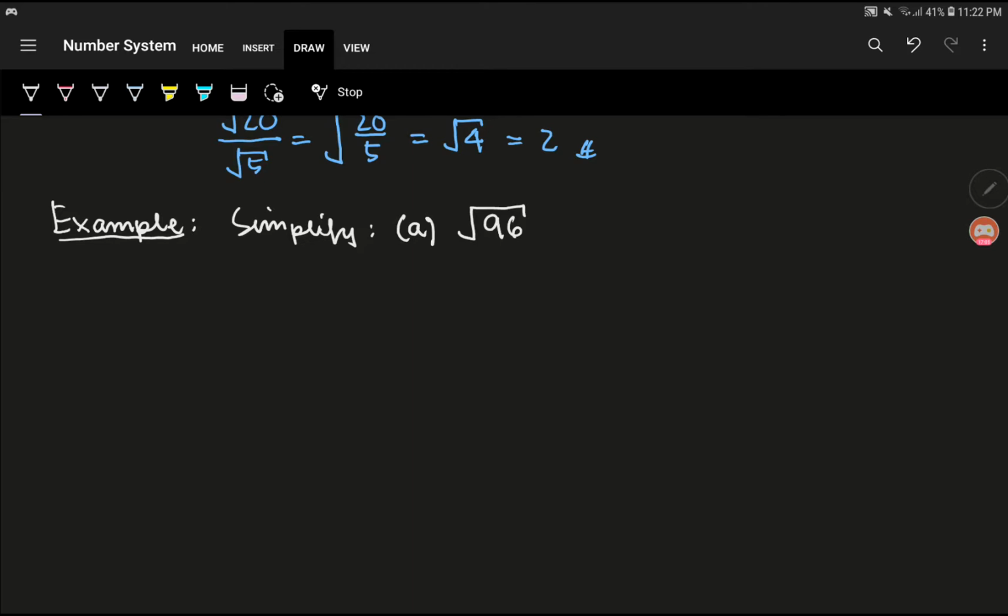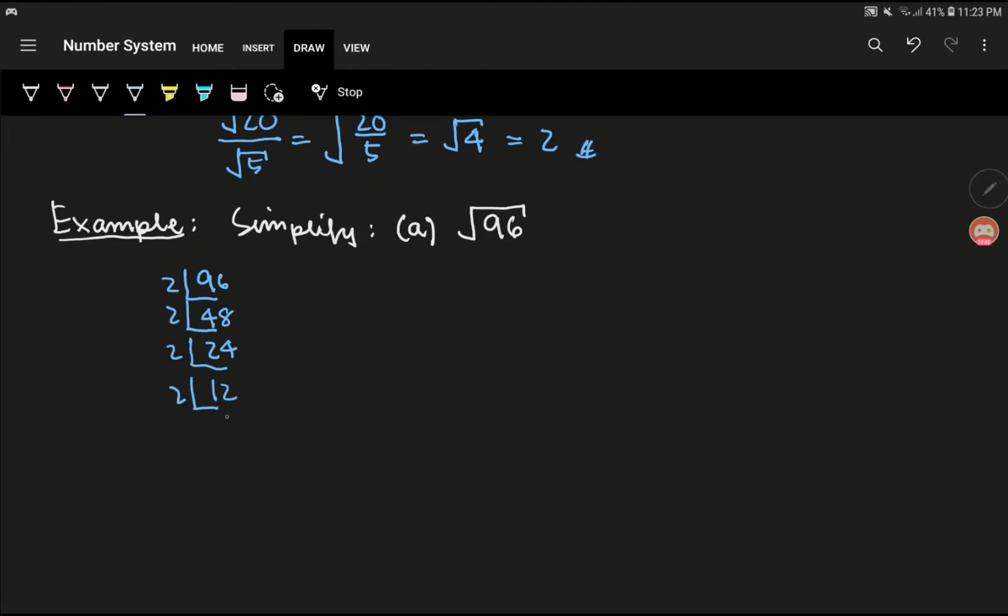Okay, if you don't want to complicate, I think we can use this method, which is: 96 divided by 2, we have 48. Again we divide by 2, so we have 24. Again by 2, we have 12.